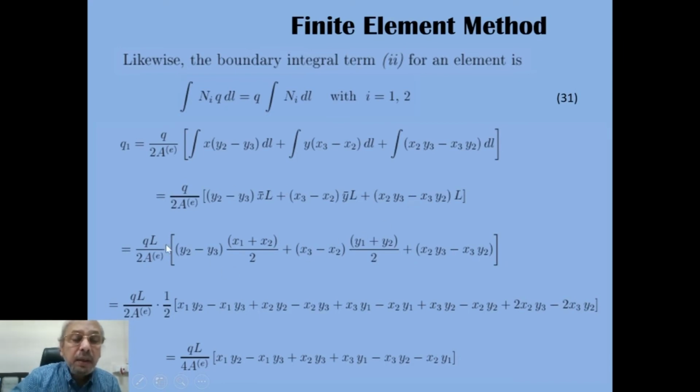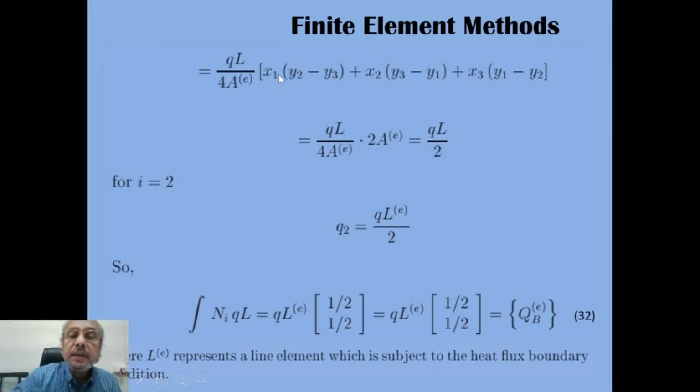Carrying out the algebra, we get q into L, where L is the total length of the line segment, divided by the determinant of the matrix, which is again 2 into the elemental area.